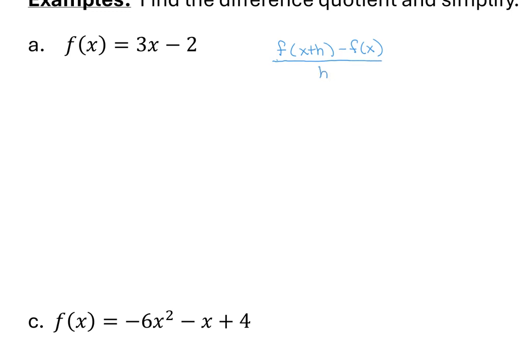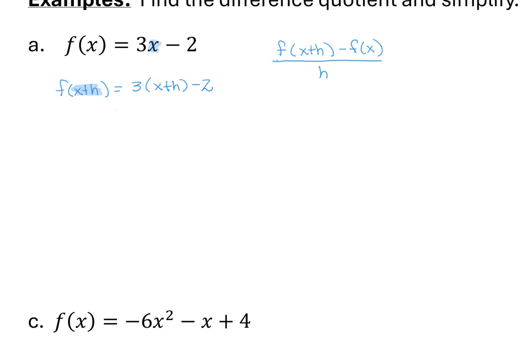The first thing I want to do is find f of x plus h. Just like when we plug in numbers, we are going to take this expression and plug it in for our variable. If we plug this in, we get 3 times, replacing x with x plus h, and we bring down the rest of our equation, minus 2.